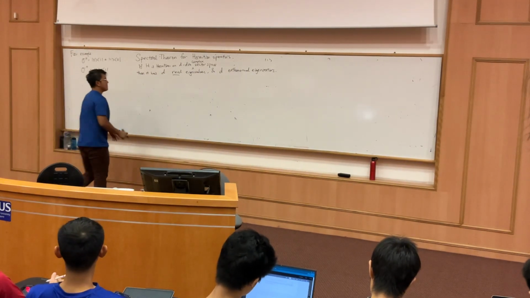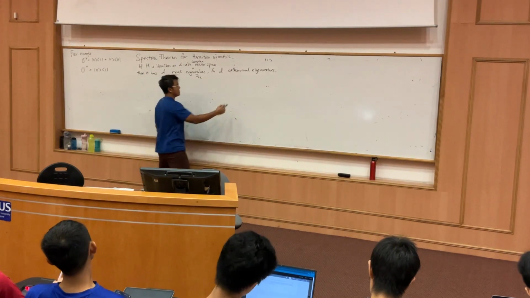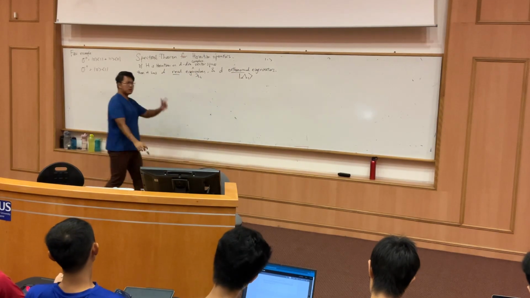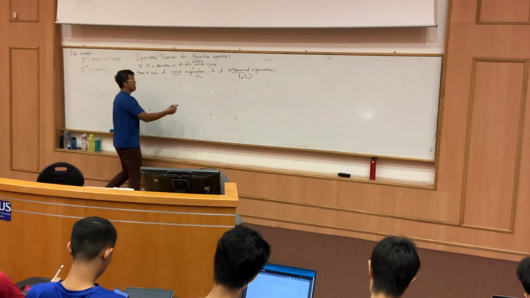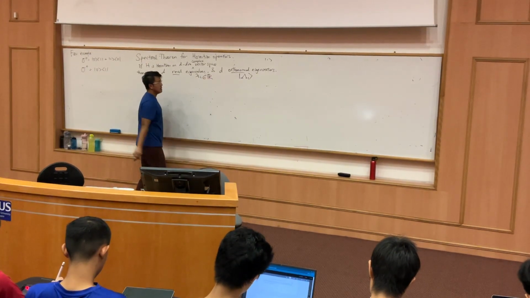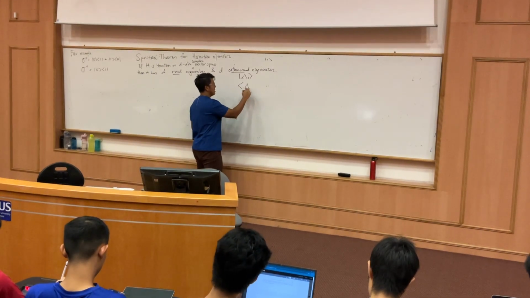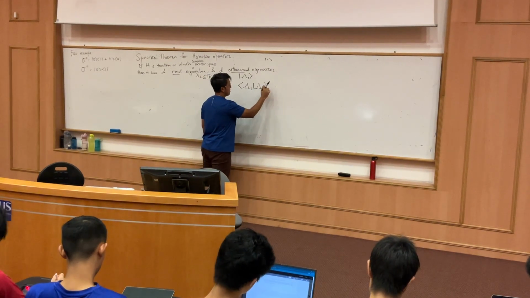So let's call the eigenvalues lambda i, and let's call the eigenvectors big Lambda i. So there are two characteristics of it. One is that lambda i is real. And two is that these eigenvectors can be chosen to be orthogonal, in fact, orthonormal.